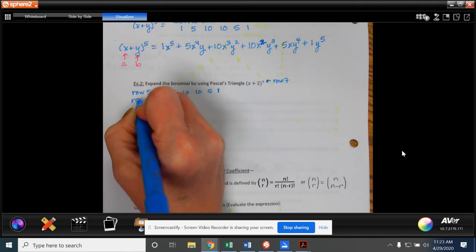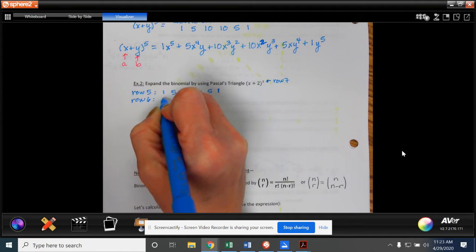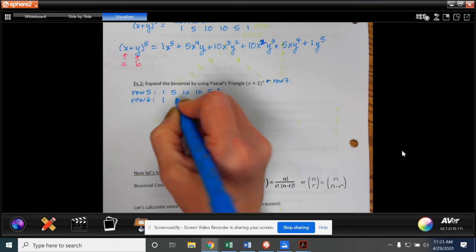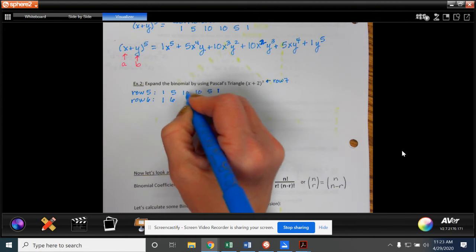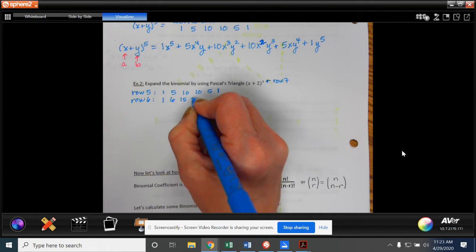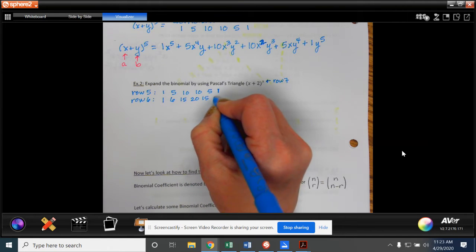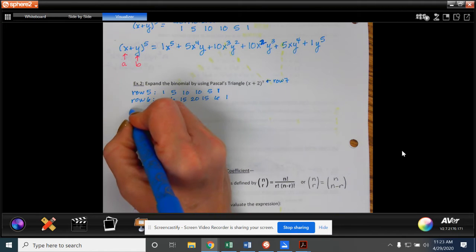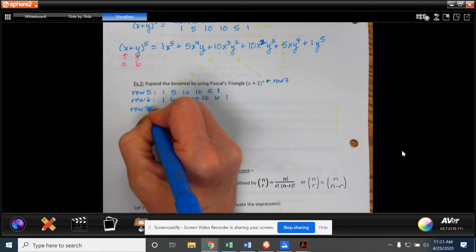Row 6 would be a 1, and then these two numbers added together, which gives you 6, and then the 5 and the 10 added together gives you 15, then 20, then 15, 6, and 1. And then row 7 is the one I need.